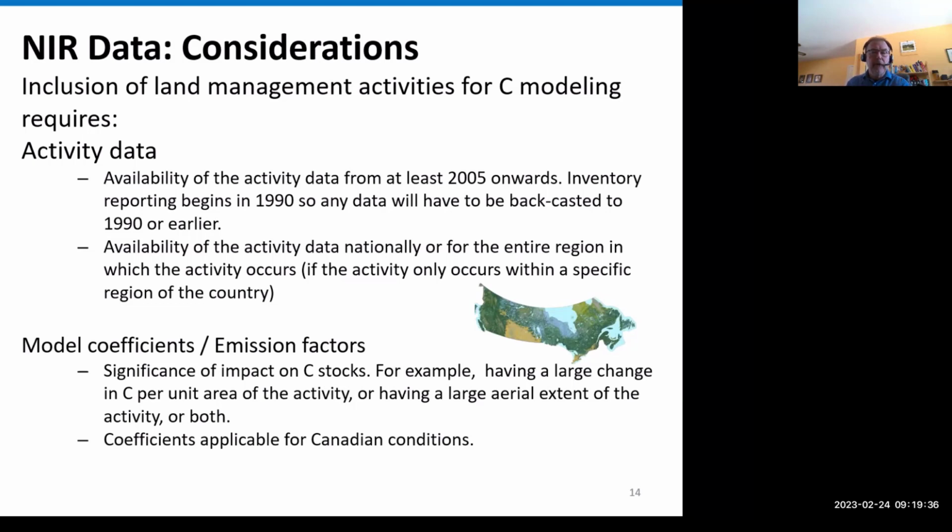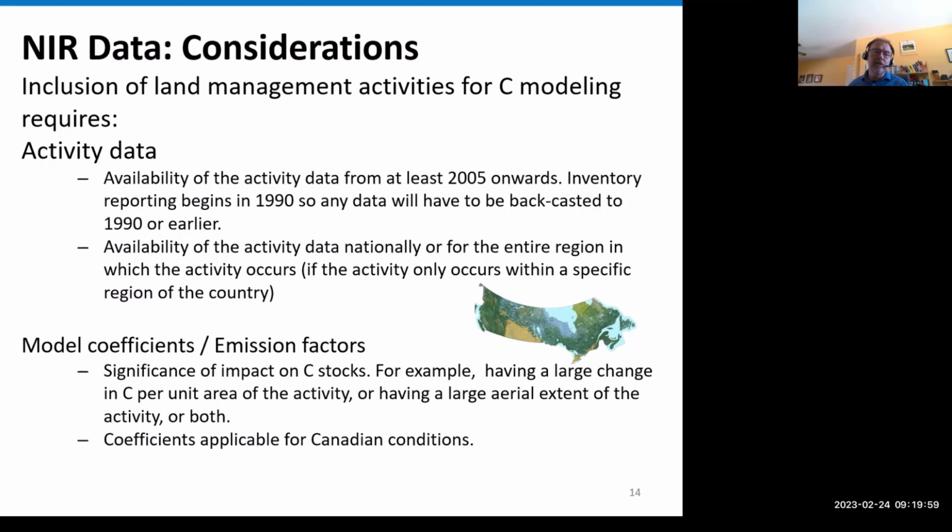The other thing that we have to take into consideration for our data is it has to take into account all of the activity across the country, or at least all of the activity in that region where that activity actually takes place. So those are fairly significant data challenges for us.